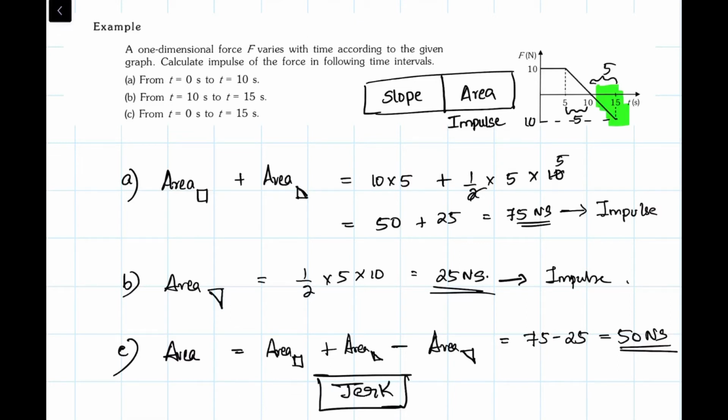What about the area of a velocity time graph? It gives you displacement. Area of the speed time graph gives you distance. So in every question with a graph, slope and area are important.